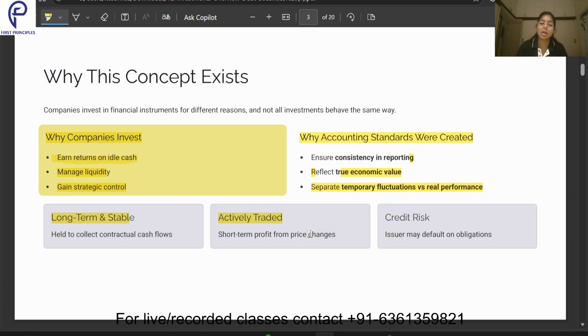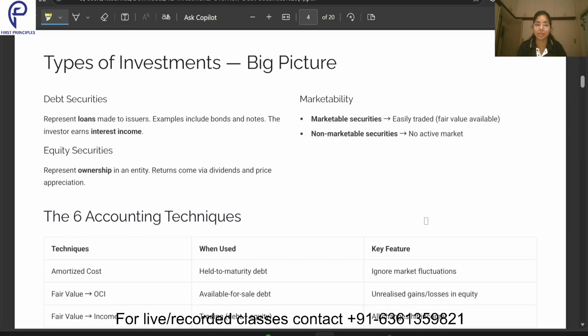That means we are selling and buying them on the stock exchanges or in the relevant markets. Then there could be credit risk. Credit risk means that the issuer, the person from whom we have bought the debt security, may default on the payment. That's why this concept comes into the picture.